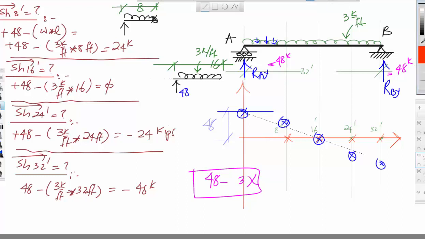It will be like that, and of course this has to close here. Then this will be our diagram. This is the shear force diagram.